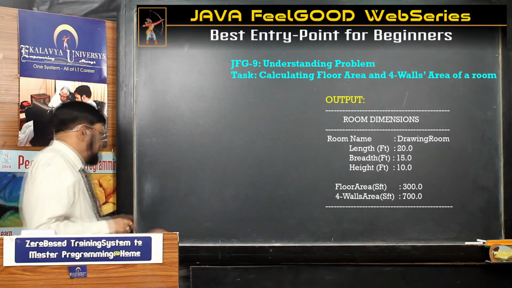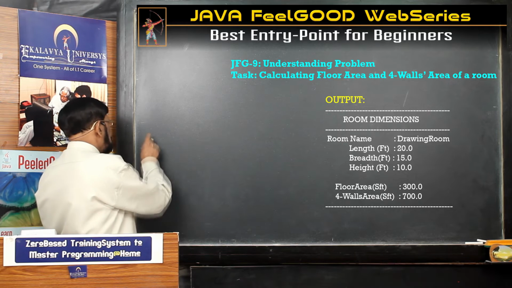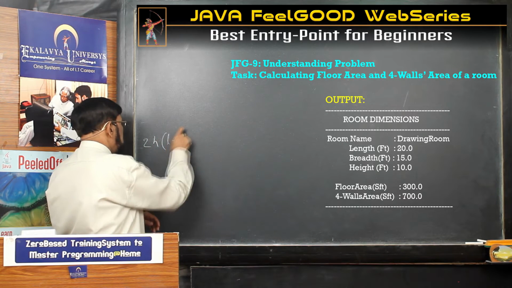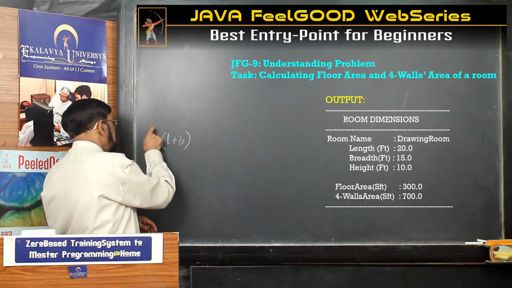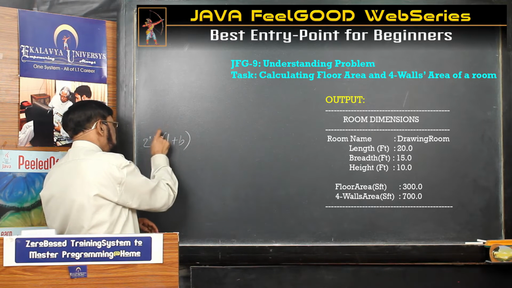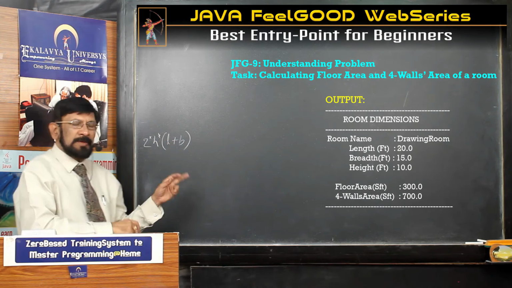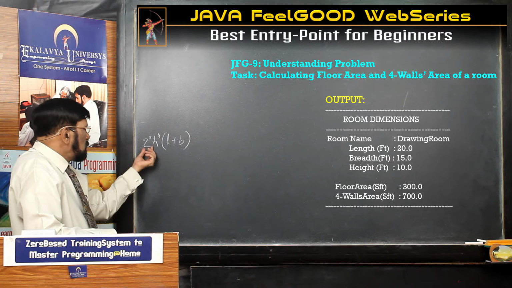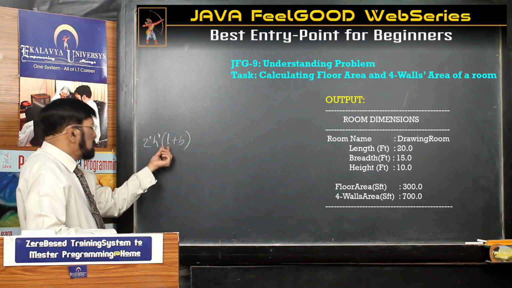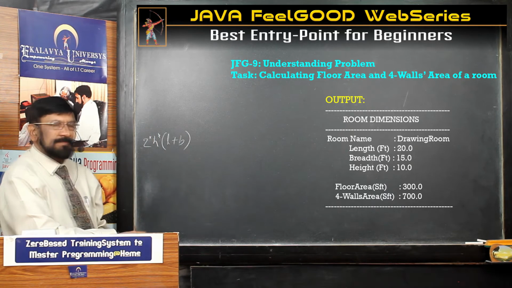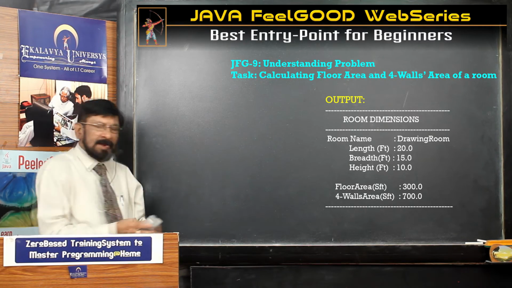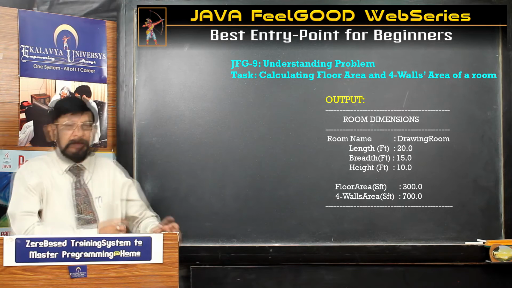This is simply, from your school days, 2h into L plus B. Here nothing is implied. Every symbol you have to write. L plus B you must write in parenthesis. 2 into height into length plus breadth. That formula you must know. And the second instance method you define.